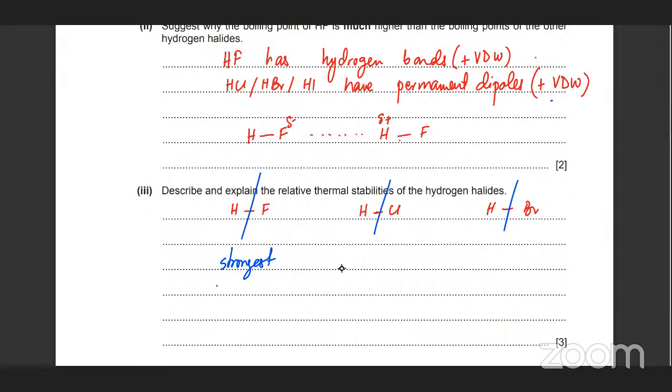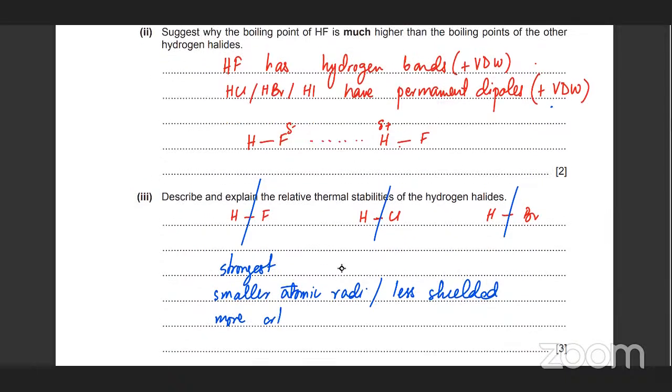Why is this strongest? Because smaller atomic radius, and less shielded as well. So they're going to attract each other's electrons more. So there's more orbital overlap in the bond.